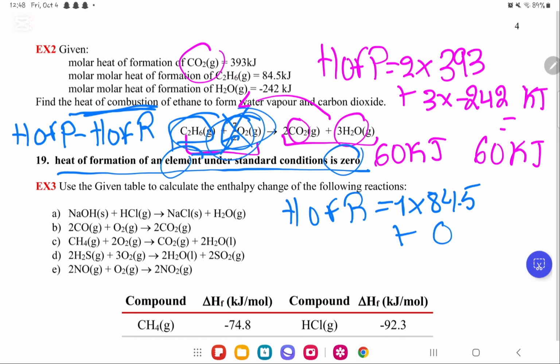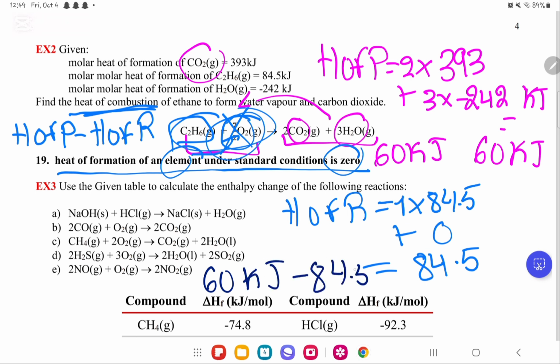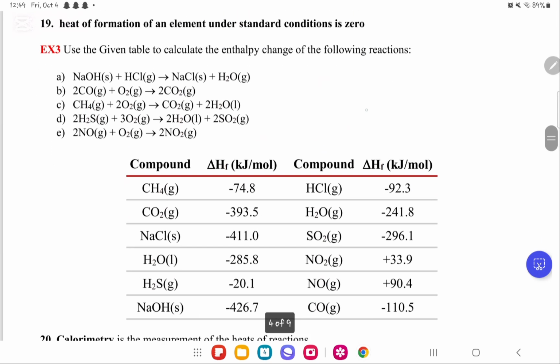So the total heat of reactants is 84.5. So now to apply the rule, we have the heat of products, which is 60 kilojoules, minus the heat of reactants, which is 84.5 kilojoules, and we are gonna get negative 24.5 kilojoules. So that's exercise number 2 done.